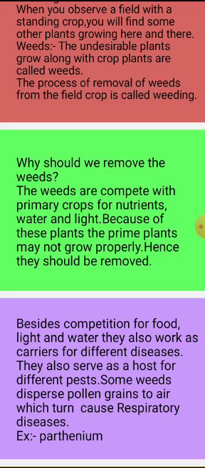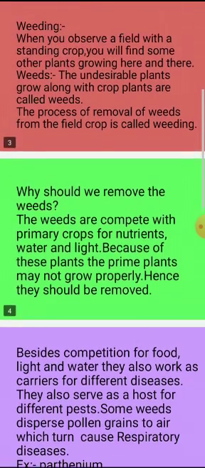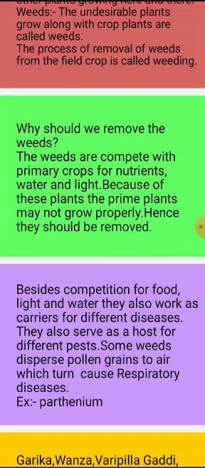Weeding is a process in which the farmers remove the weeds. Weeds mean the undesirable plants that grow along with the crop, so the farmer should remove the weeds. This process is called weeding.